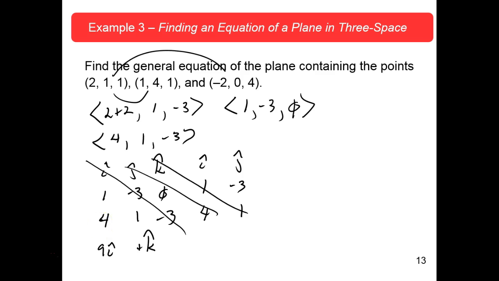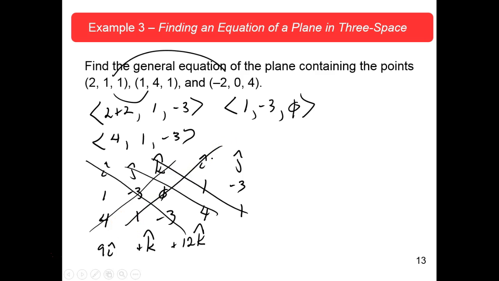I always did it with two separate ones and crisscross and do plus and minus. This does seem easier though. It is pretty easy, except when you do your up diagonals, you have to do the minus of them, because your up diagonals are negative when you're doing determinants. So this would be -12, except you do the minus of that, which is plus 12k. Keep the letters with it.